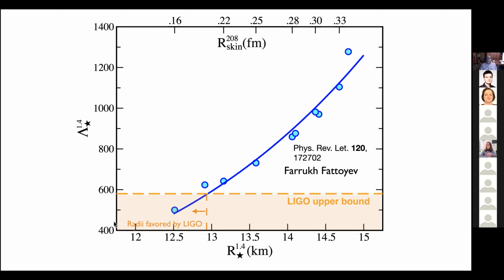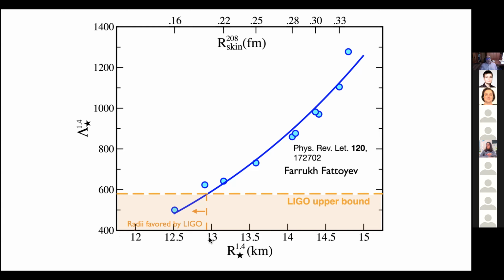Now, the present limit from the merger GW170817 by LIGO is that this deformability should be less than about 600. So LIGO favors small values of the deformability. If you compare that to our blue points, this suggests that the radius of a neutron star is less than about 13 kilometers.